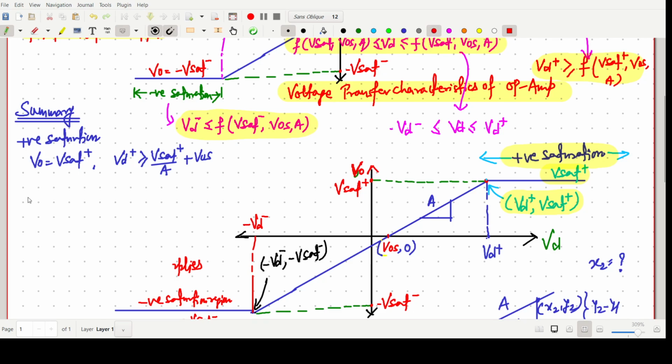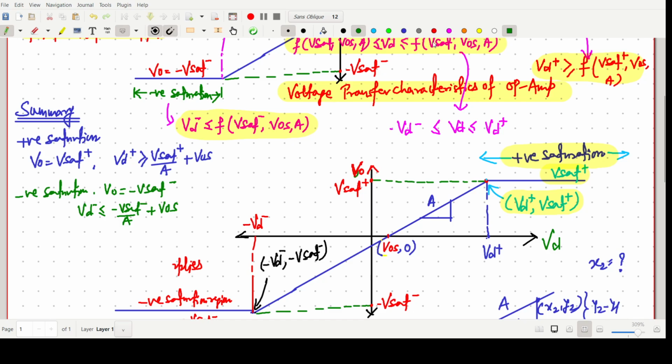Now for the negative saturation, Vo equals minus Vset minus, and Vd minus will be less than or equal to minus Vset minus by A plus Vos.